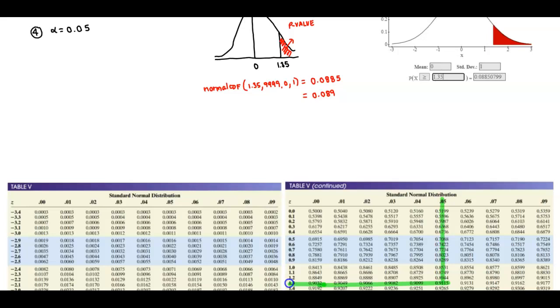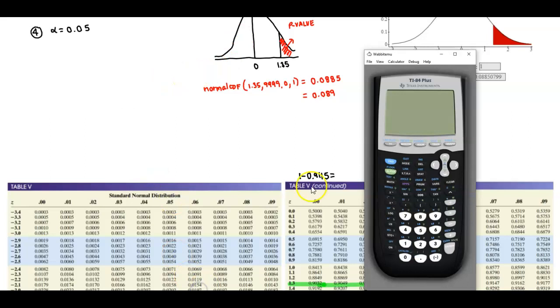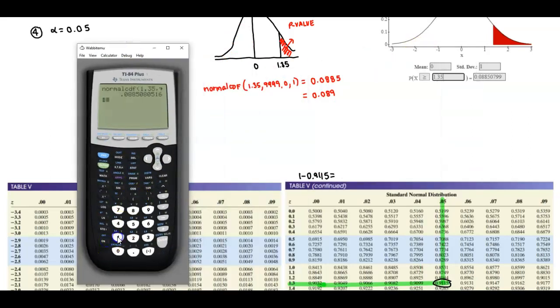And so you can see there that we get the area of 0.9115. So if we take 1 and subtract 0.9115, let's go ahead and do that here. If we take 1 and then subtract 0.9115, then we get 0.0885. So you have those three options to find the p-value.